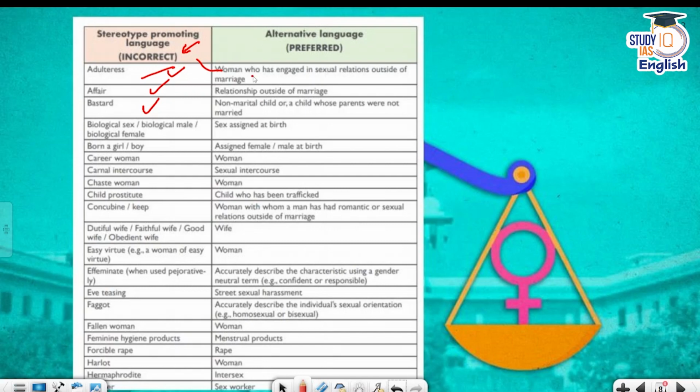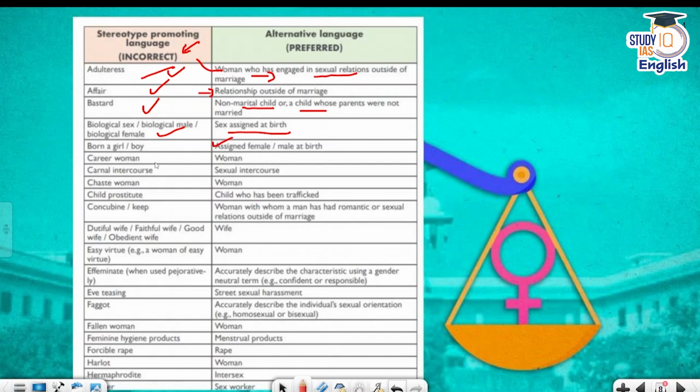It is preferred that we should call them women who have engaged in sexual relations outside of marriage; affair, relationship outside of marriage; bastard, non-marital child, or a child whose parents were not married; biological male, biological female, it should be sex assigned at birth, born a girl or boy, assigned female or male at birth.